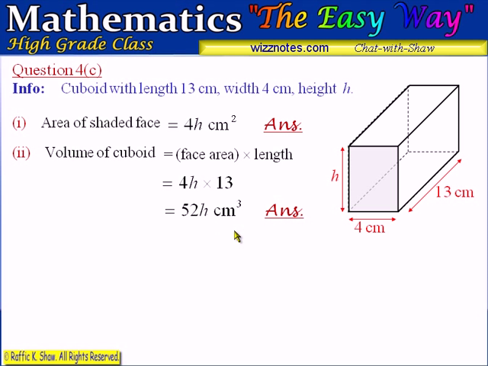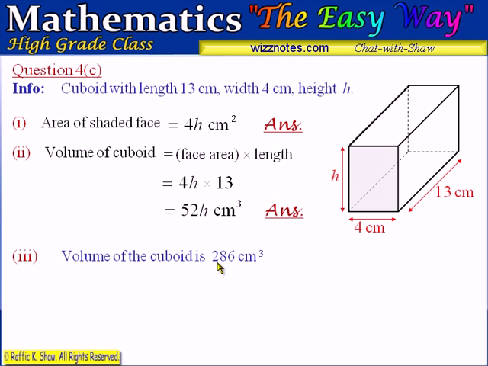Right? That's the unit for volume, centimeters cubed, because it is centimeters multiplied by centimeters multiplied by the height, which also is in centimeters. But the height is actually h centimeters. Part 3 now is telling us that the volume of the cuboid is actually 286 centimeters cubed.